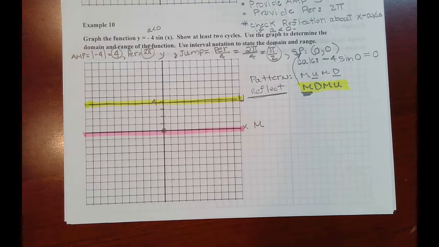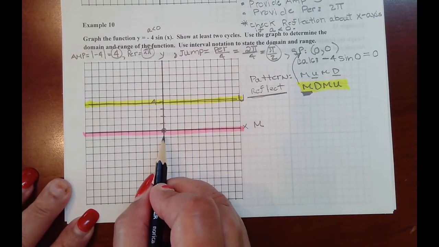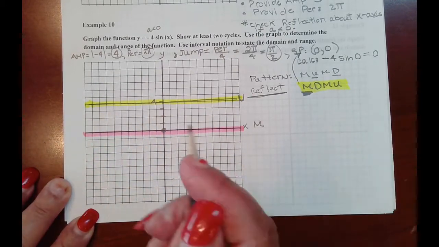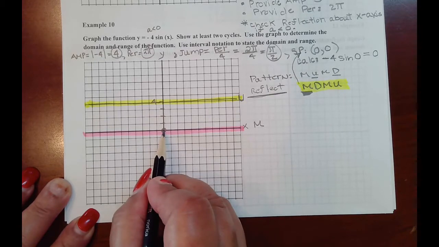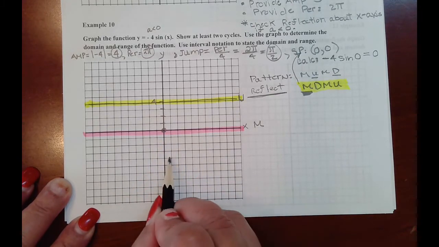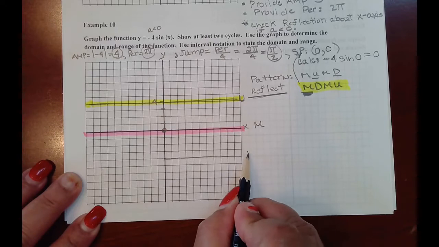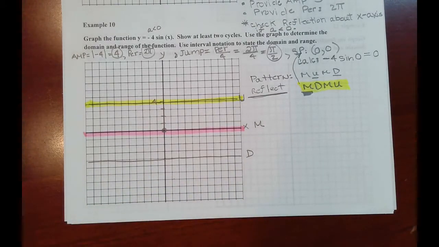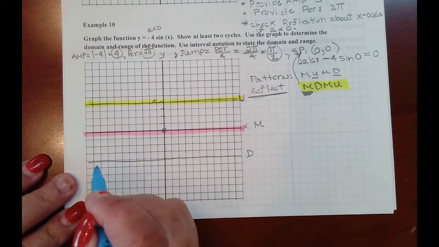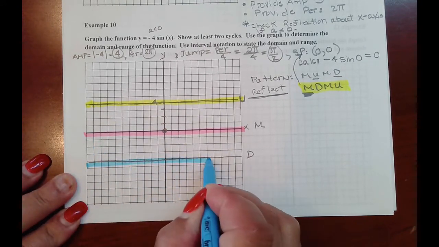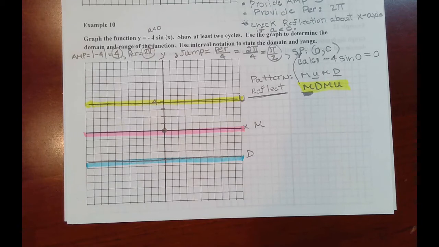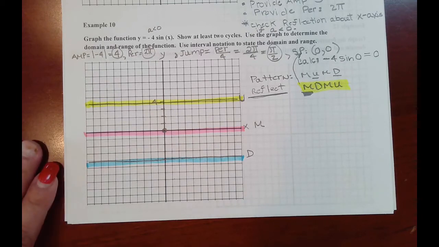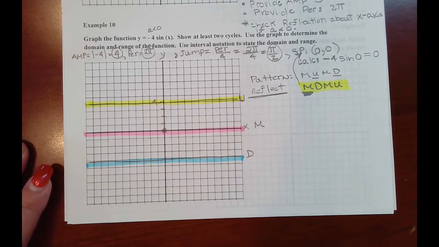And then we'll also put our downward level, and do the same thing. Just like you amped 4 units to go up, go down 4. 1, 2, 3, 4. And this will be our absolute lowest level on the graph. As we plot our points, we're just going to be heading for these various levels based on the pattern that we're using.